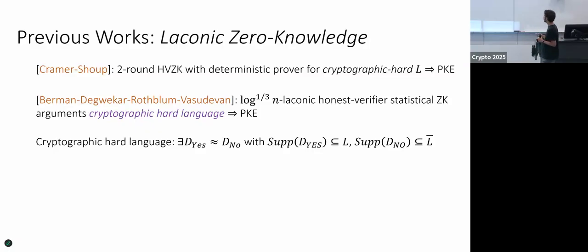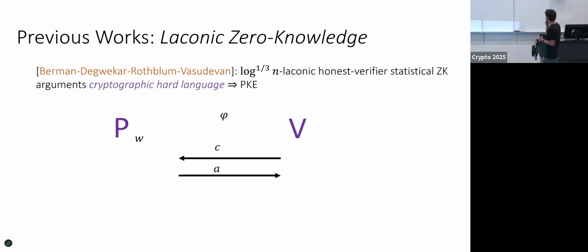So let me show you the construction of Berman et al. So the idea is to take honest verifier statistical zero knowledge and to construct from it a predictive argument. So we want to take this protocol and somehow change it such that the verifier will know a single A that will make it accept.